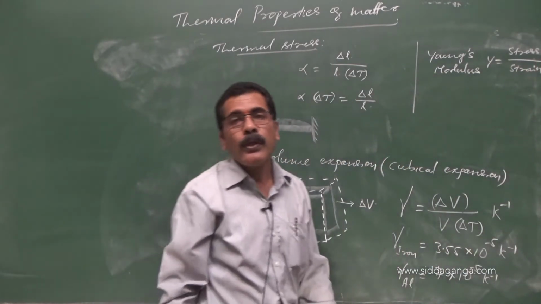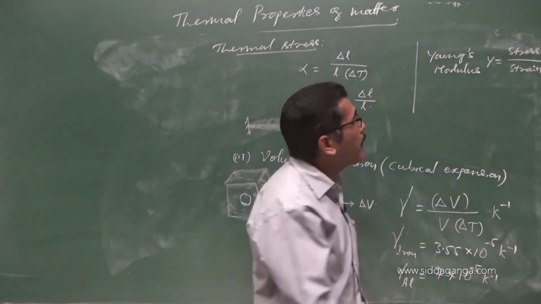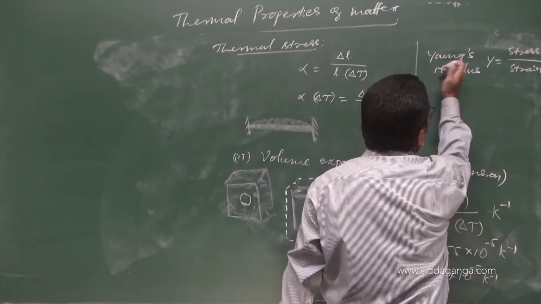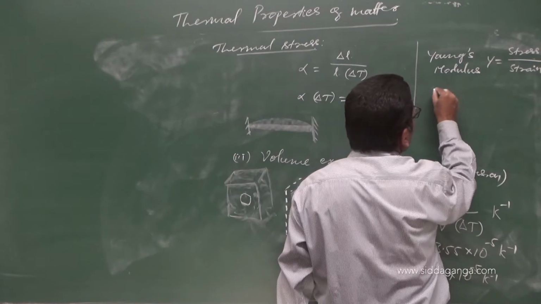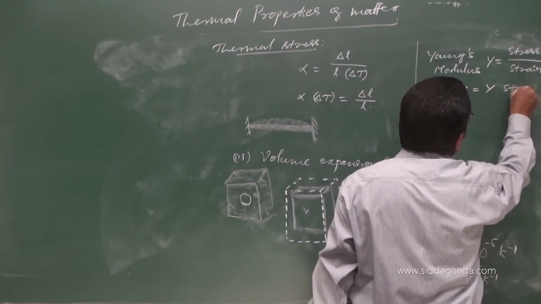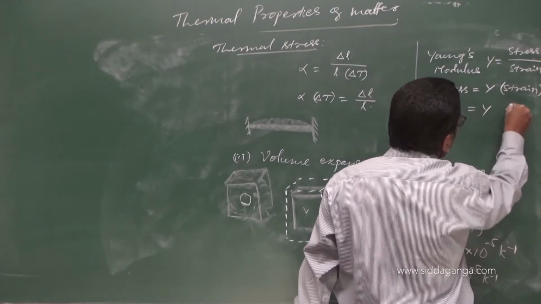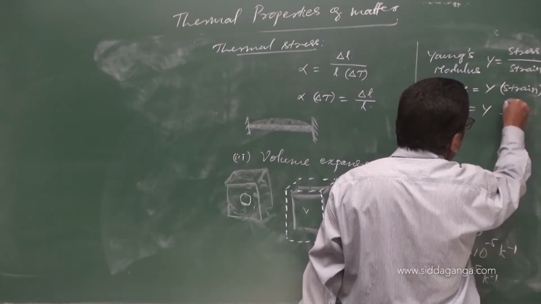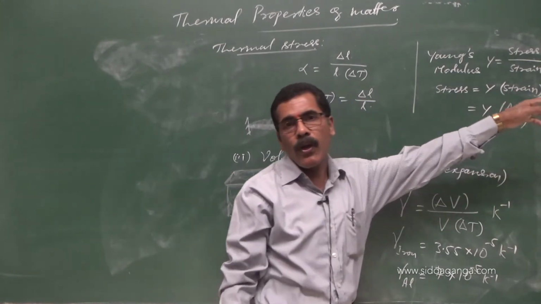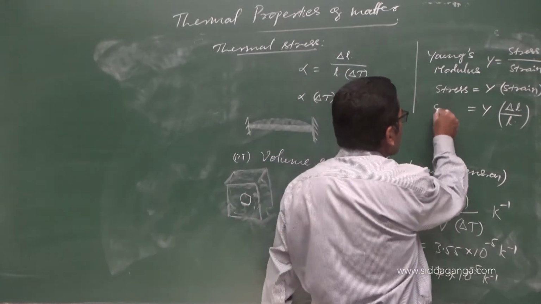Here I can write stress is equal to Y into strain. What is strain? Change in length by original length. Strain may be defined as change in length of the rod to the original length, called longitudinal strain. This is stress.